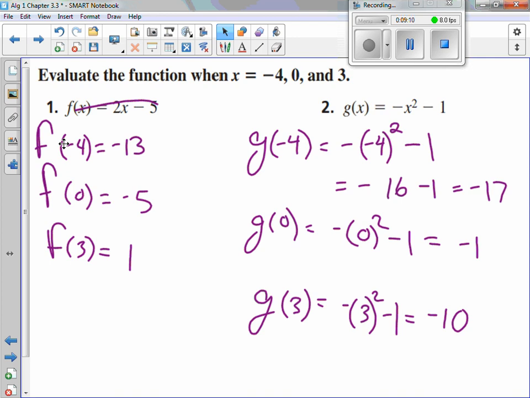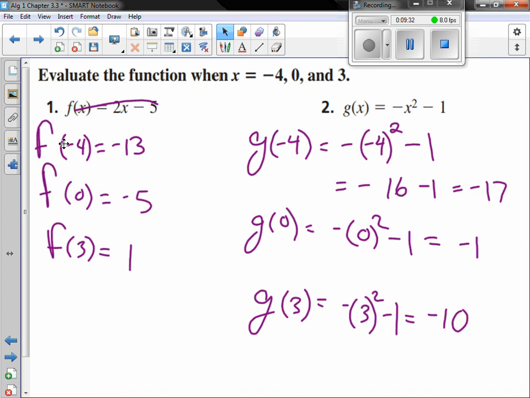Well, these are different. As really we're saying negative 4 squared is going to be negative 16, minus 1. Oh, okay. Yeah, this one here would be our negative 0 squared minus 1, which is 0 minus 1.